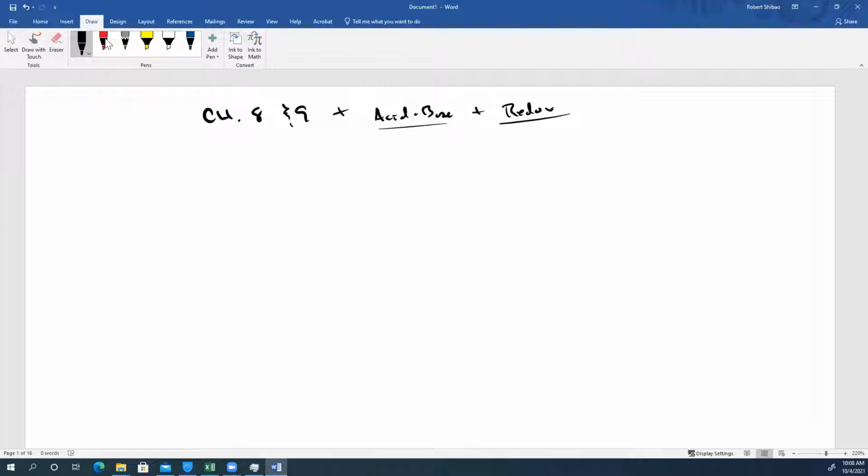So let's take a look at the three types of reactions. We're going to look at redox reactions first. And so I'll cover those here.